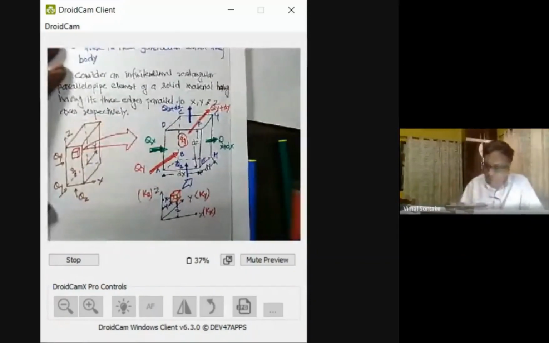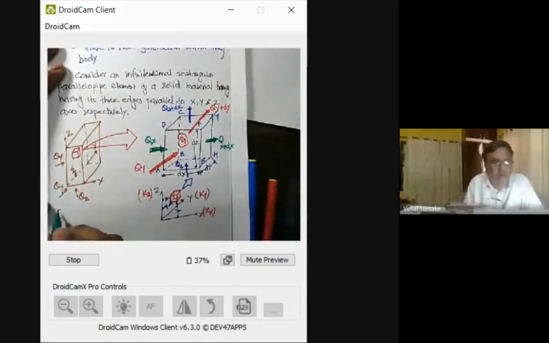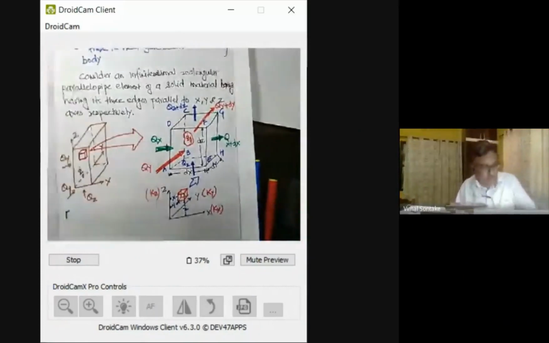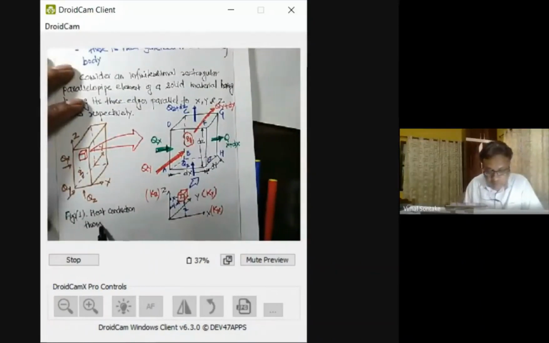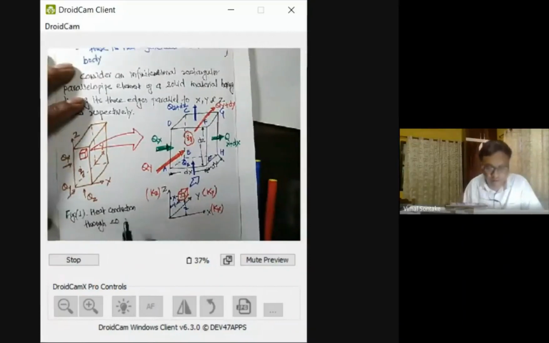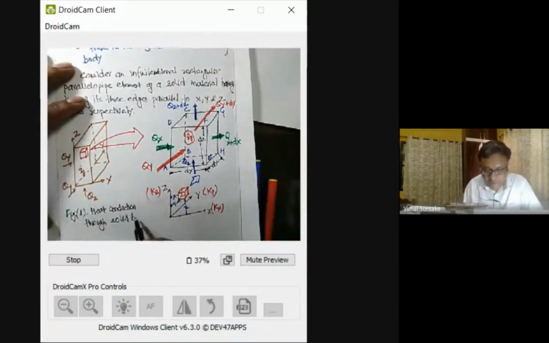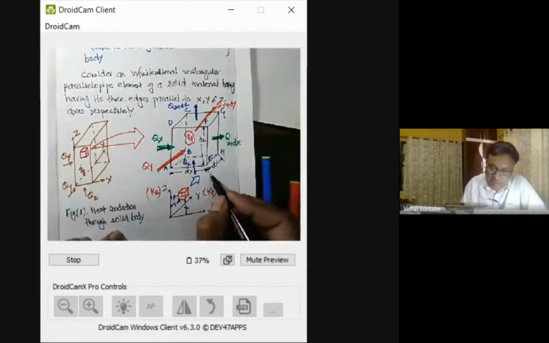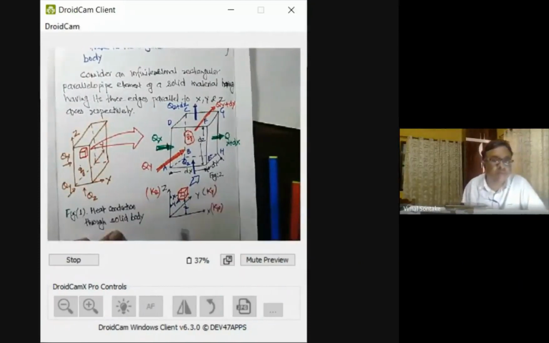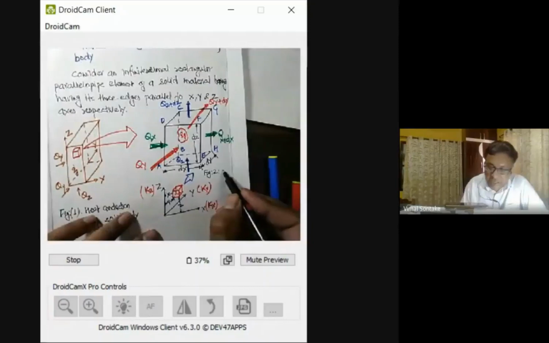So let me give the name to all these three figures. Figure 1 represents heat conduction through solid wall or solid body. This is figure 2. It is elemental volume.